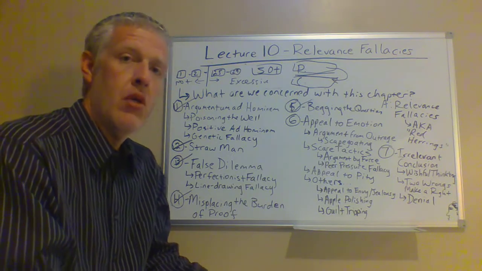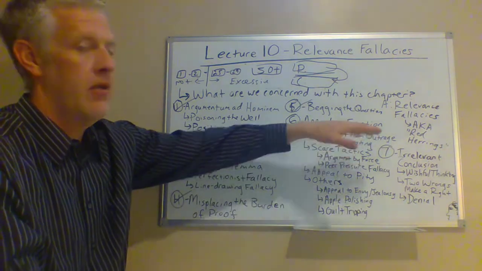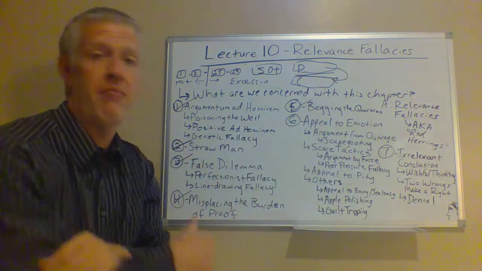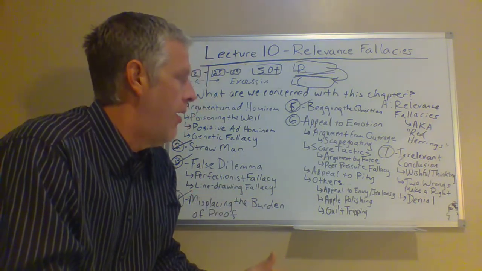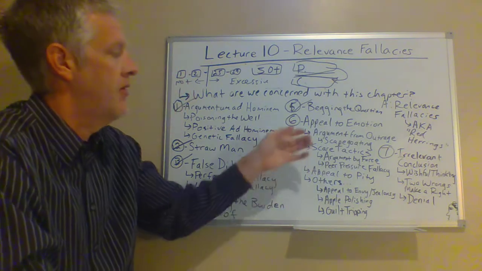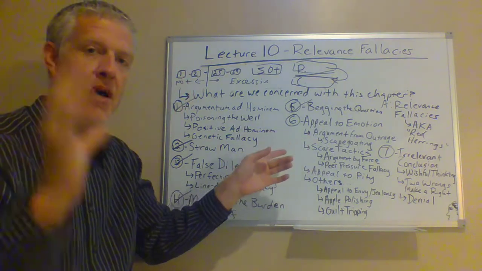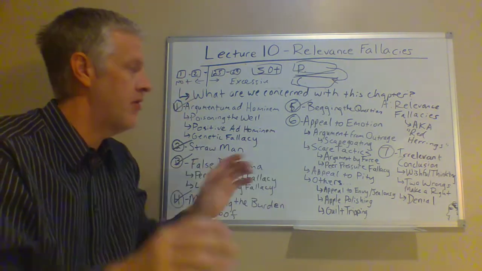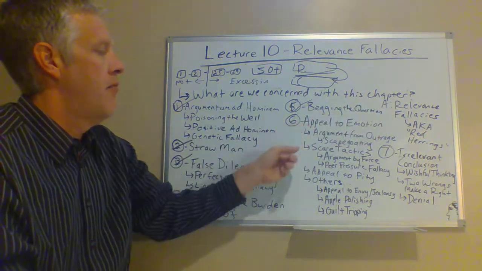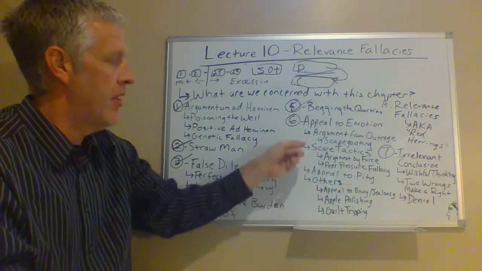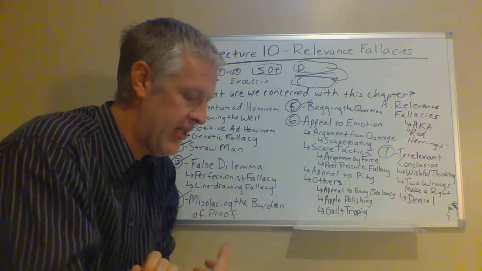We know to be on guard against our emotions that might be conjured up, good, bad, positive, negative. So, same sort of thing. We've already talked about the impact of rhetoric and emotion and so on. Well, all of these relevance fallacies play on those emotions, and so we'll see how that's the case as we go through some of these.